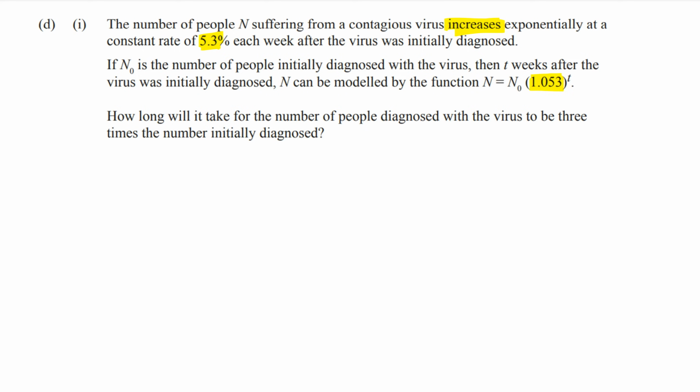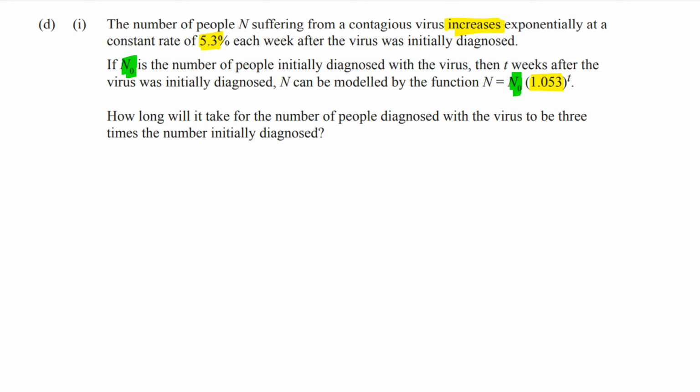Then the next thing they're saying is that N0 is the number of people initially diagnosed, so this is like your starting population, and after t weeks, N can be calculated. So they're giving you the formula. Now the question is how long will it take for the number of people diagnosed with this virus to be 3 times the original number diagnosed?